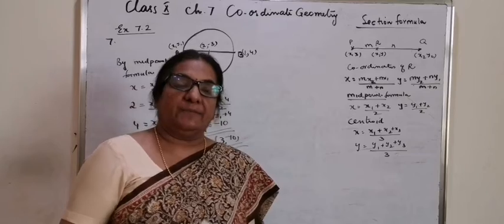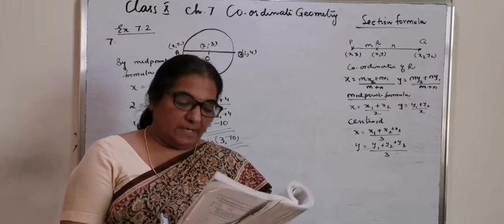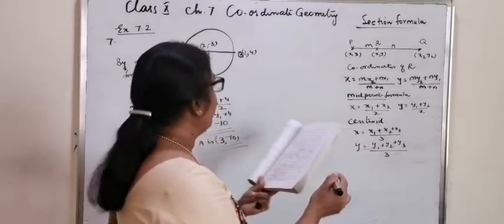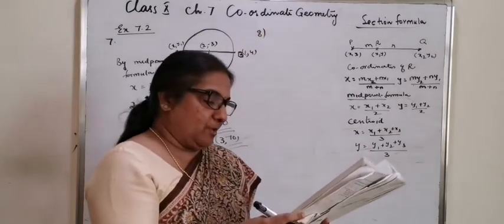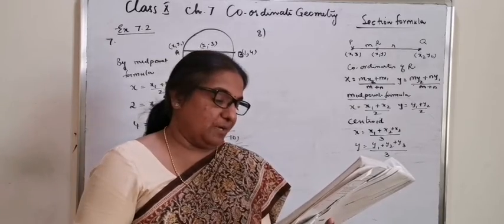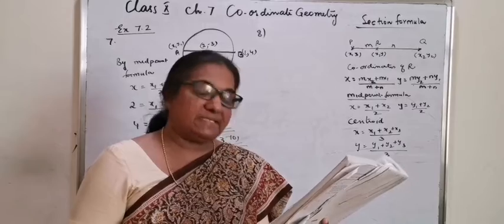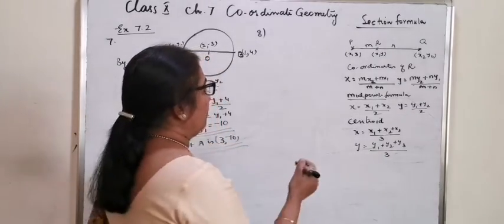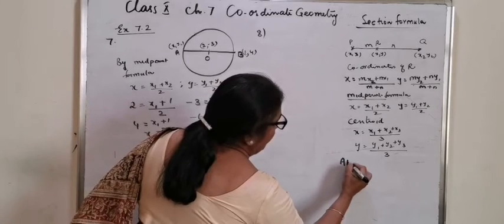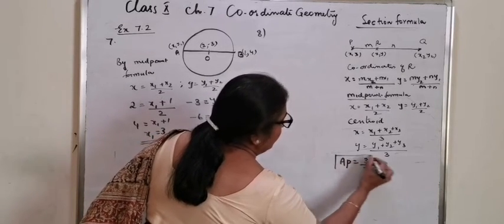This is also an important 1 or 2 mark question. Question number 8. If A, B are the points (minus 2, 2) and (2, minus 4), find the coordinates of the point P such that AP is equal to 3/7 of AB.